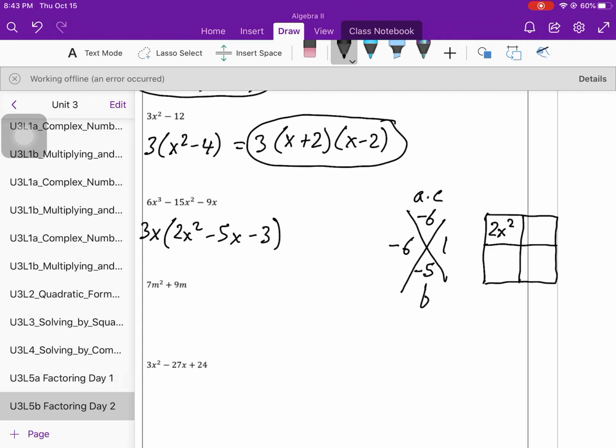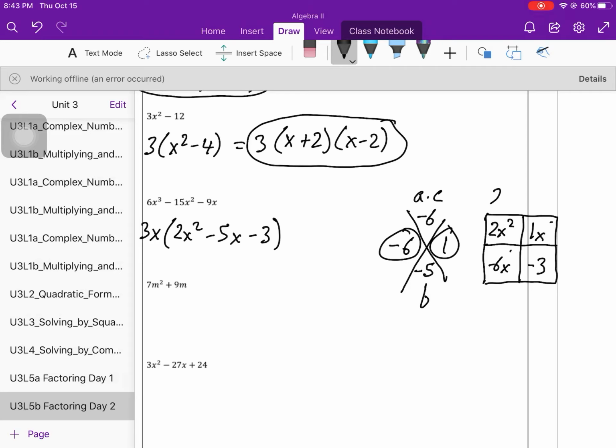Remember, the first box is reserved for the first term, which is 2x squared. The last one is -3, and then these two boxes are filled in by these. So it's negative 6, and we throw an x next to it, and then 1x, or just x. Then we have to find all of the greatest common factors that go with these.